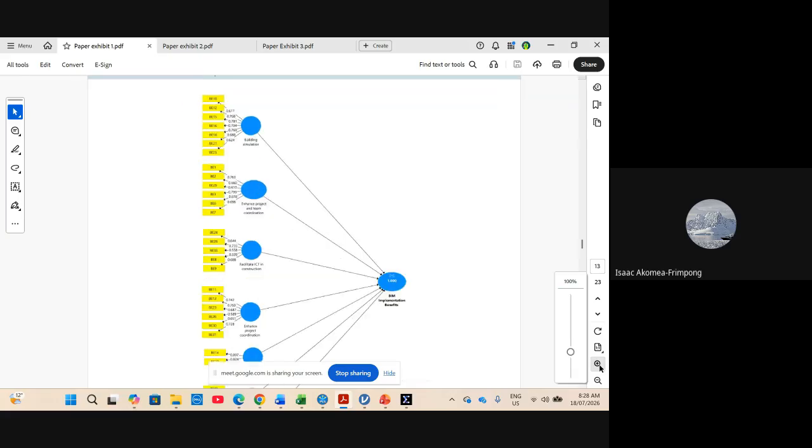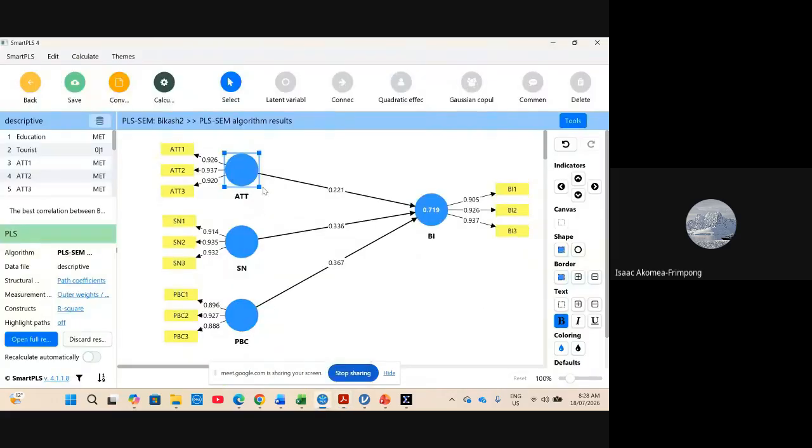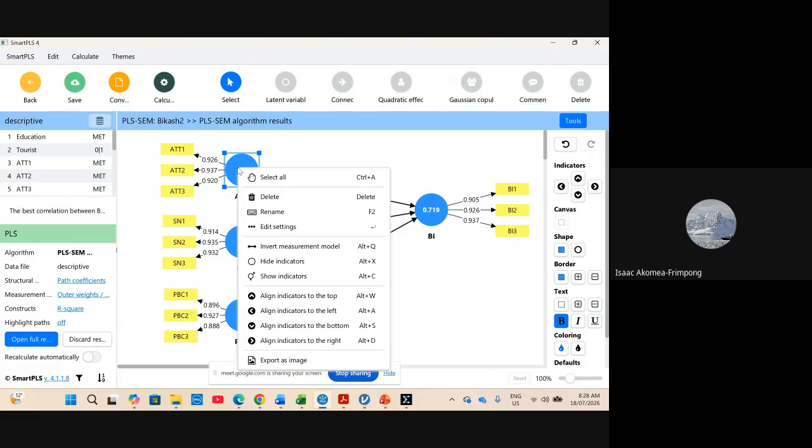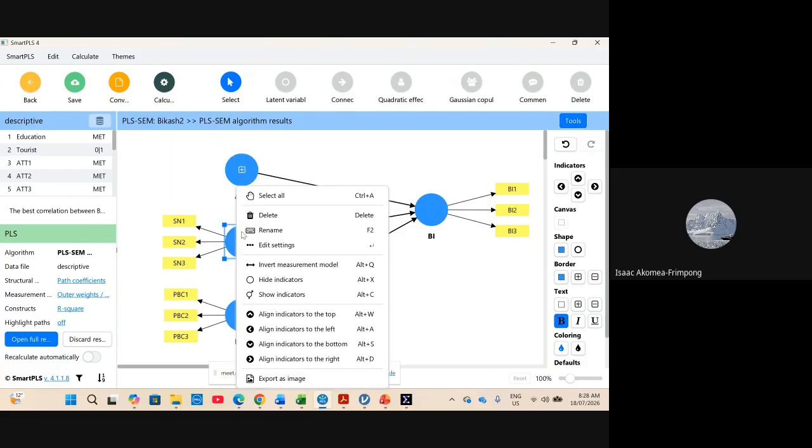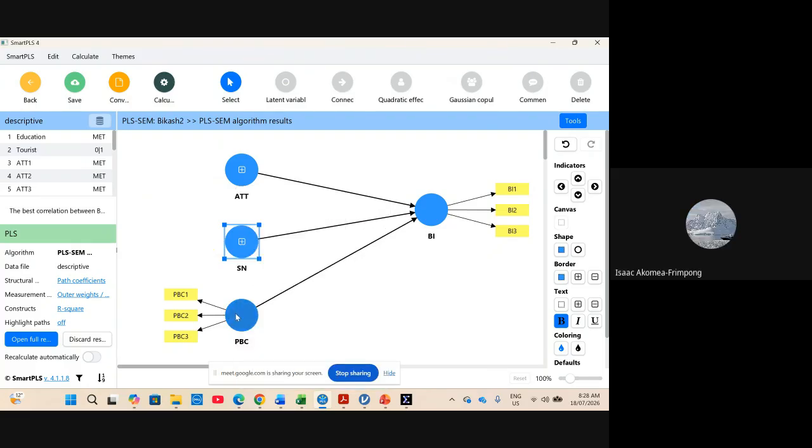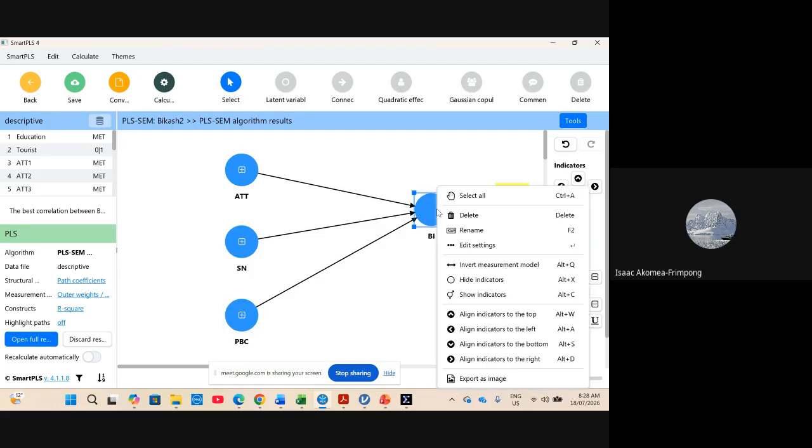Okay, so there's a way of hiding. Let me show you. Click on this. You can hide your indicators, especially when you are dealing with so many indicators. You just click on this and look for hide indicators.